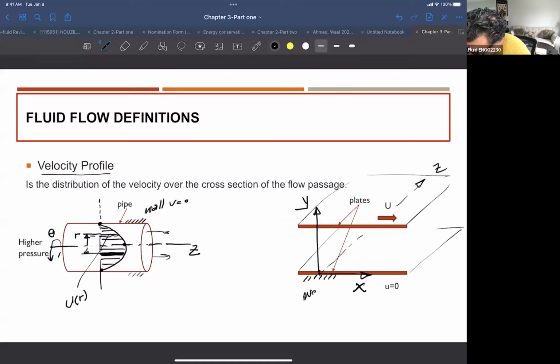And let's say this is our wall here, or a fixed wall. So the velocity at the wall is 0. The velocity at the plate that is moving with velocity U capital is U, right? So if I need to plot the velocity distribution, something like this.